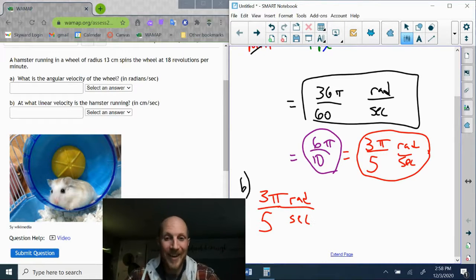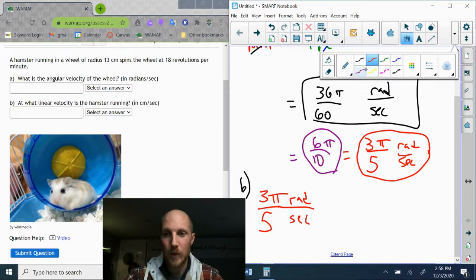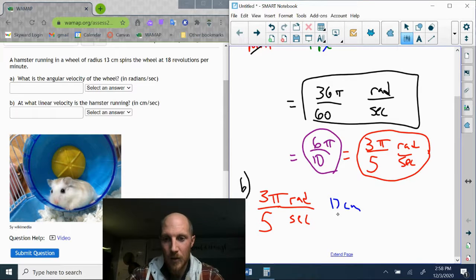And in order to convert an angular speed into a linear speed, I need to know how big is the radius. That is my conversion factor. And so the problem told me that right at the very beginning. It says the hamster's in a wheel with a radius of 13 centimeters. So 13 centimeters per radius.